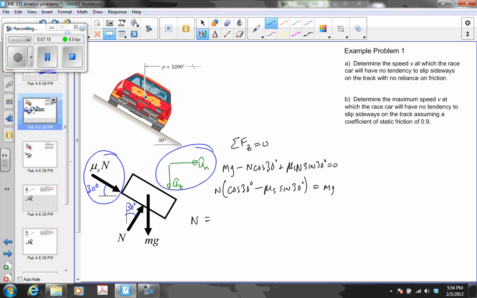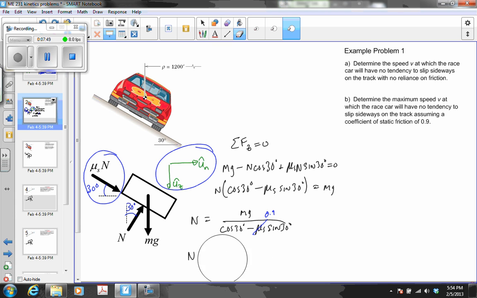So n would be equal to mg divided by cos 30 minus mu s sine 30, where mu s was given as 0.9, so I'll simplify this in terms of mg. So n is 2.404 mg.